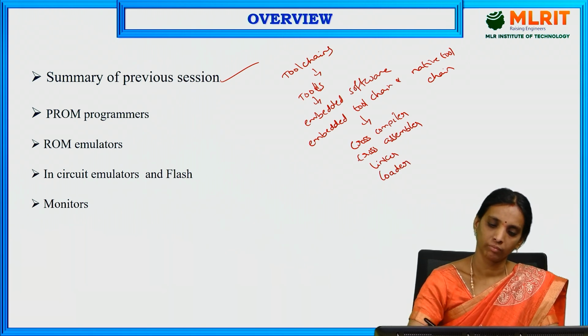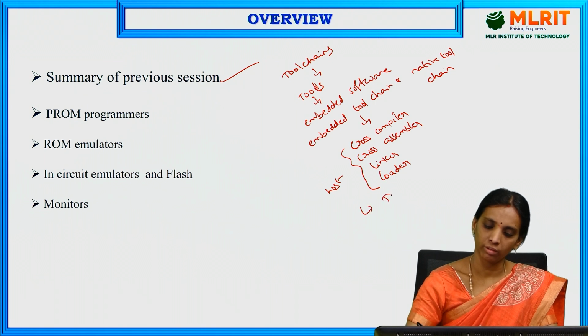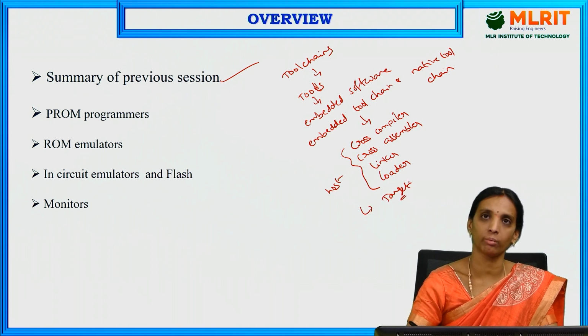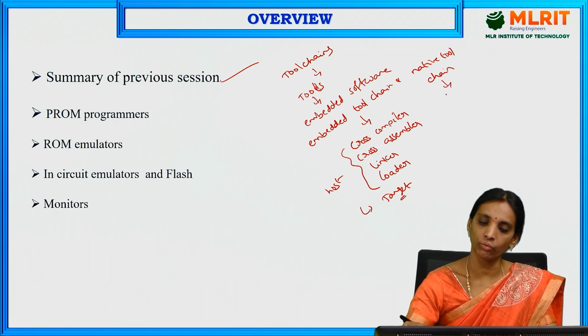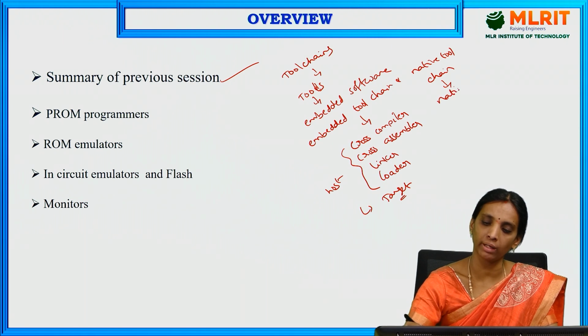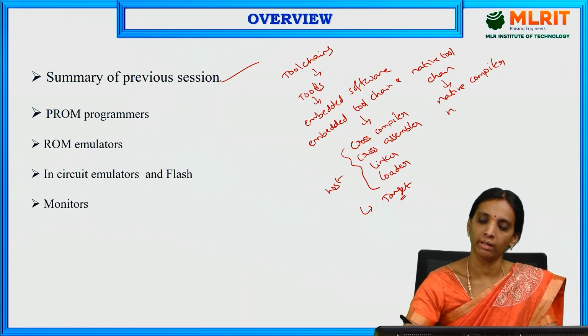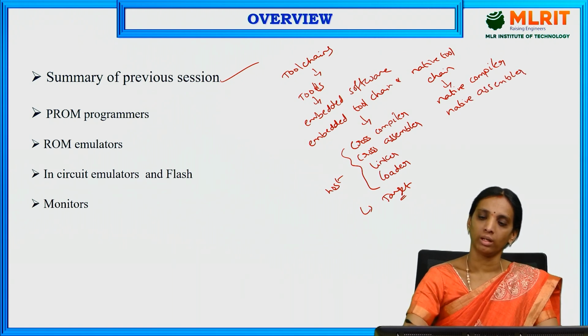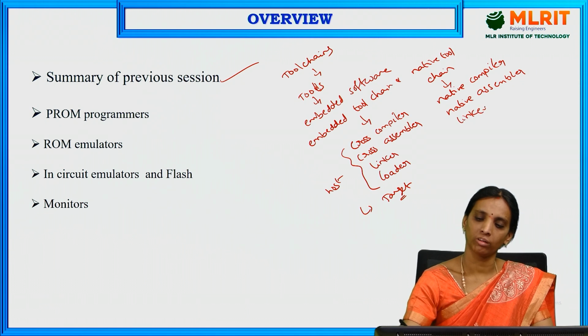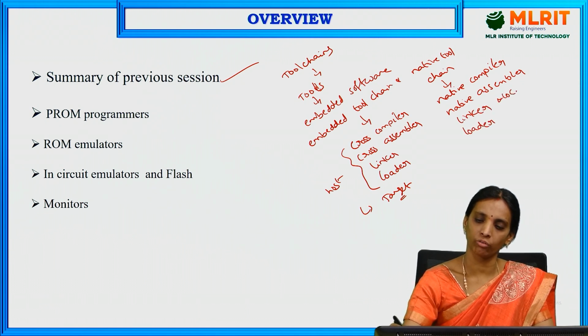These are all run on the host machine, and after that, the program is loaded into the target machine. Now in native tool chains, we have the native compiler and native assembler, and the same linker and loader, and a locator also.